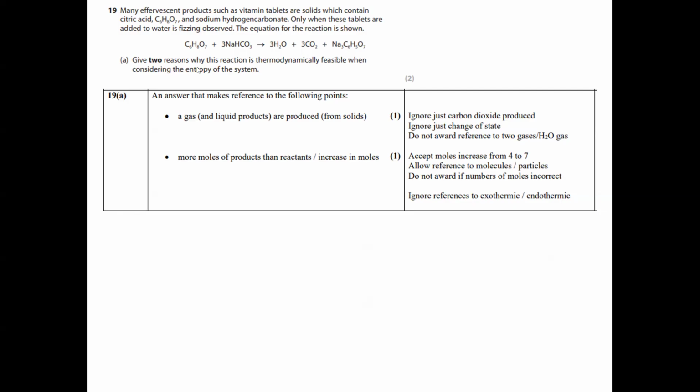Give two reasons why this reaction is thermodynamically feasible when considering entropy of the system. That's so easy, because obviously you can see on your product side there's a gas. So gas is produced, and also you can see there are more particles on the product side. This side we have 1 here and 3 here, altogether 4 particles, but on that side 3 plus 3 is 6, 6 plus 1 is 7 particles.